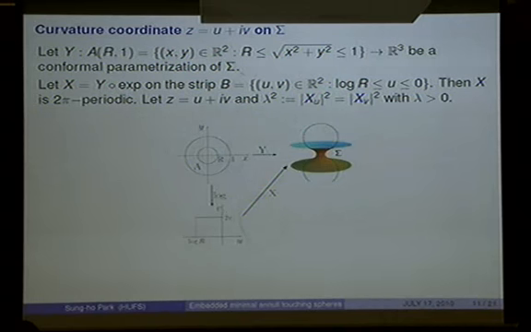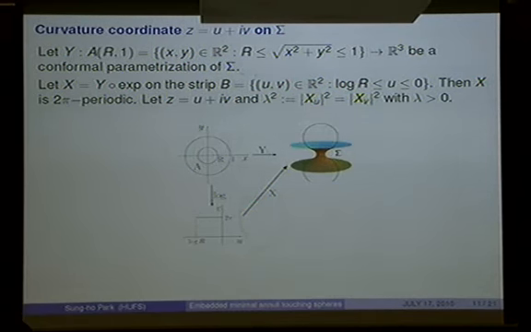First of all, there is a special conformal coordinate on our surface sigma, a conformal curvature coordinate. The existence can be proved in the following way. Let y be a conformal parametrization of sigma.